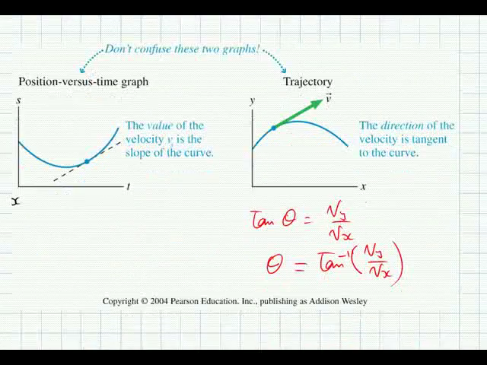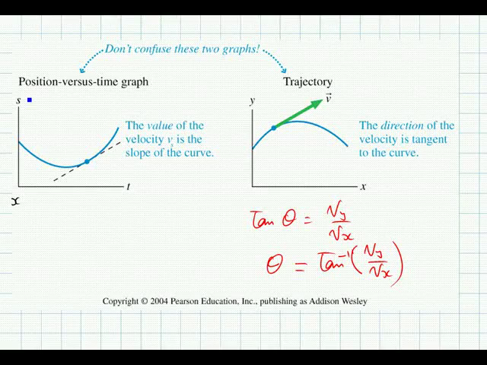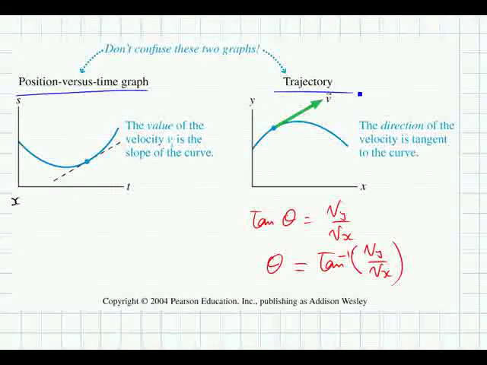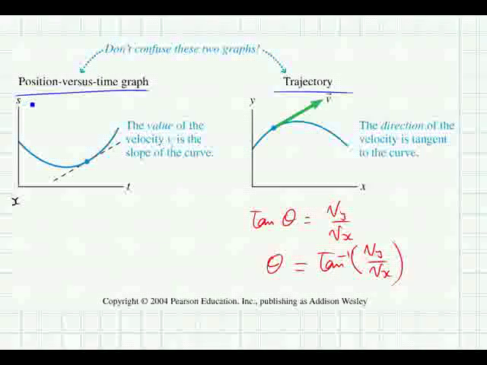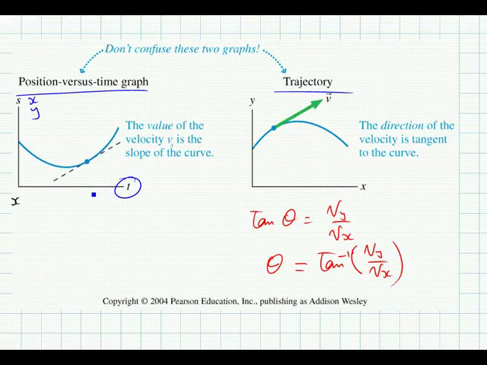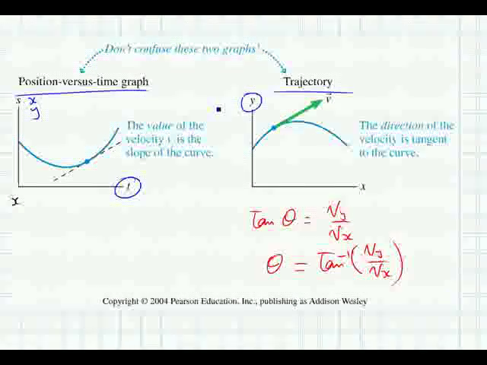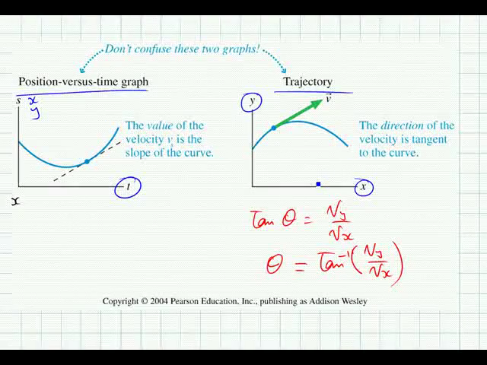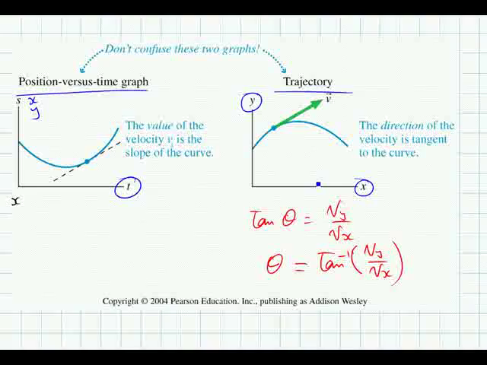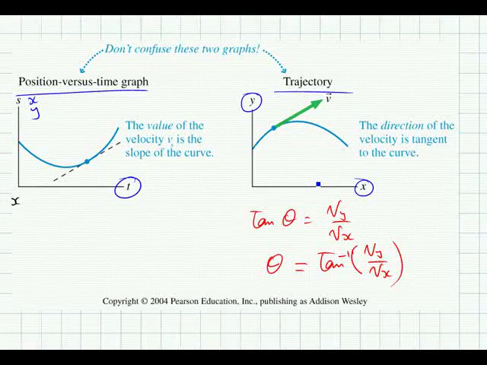Now it's important to differentiate between position versus time plots and trajectory plots. Position versus time is either your x or y plotted versus t, time, and a trajectory plot shows the trajectory of the object on a plane, the xy plane in this case.